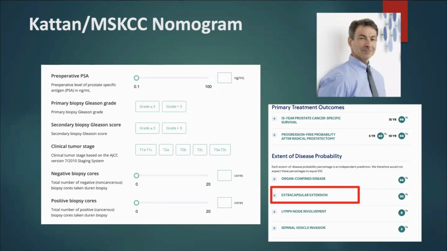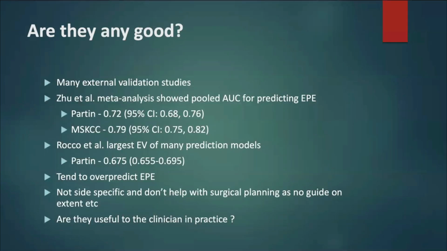So there are absolutely loads of studies and external validity studies looking at these, and I tried to summarize the evidence into this slightly wordy slide. Generally speaking, these nomograms have very good internal validity, with area under the curve greater than 0.8.